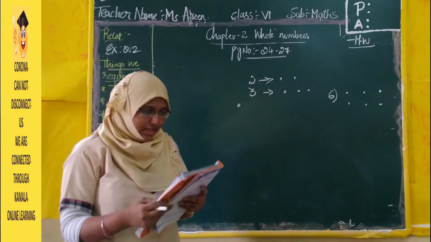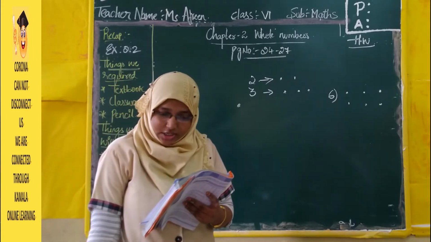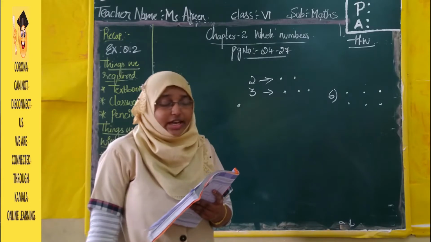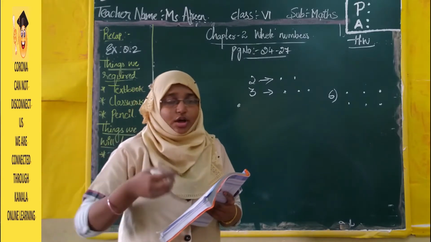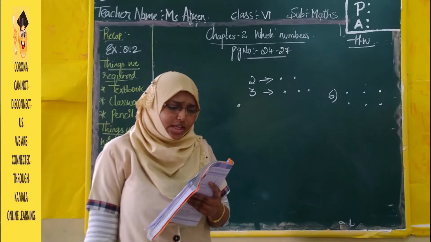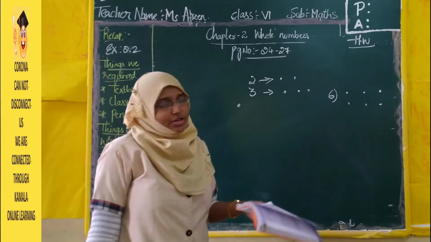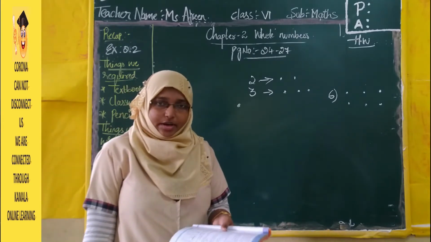On page 25 they have given: whole numbers can be shown in elementary shapes made of dots. Observe the following. Here I have given some examples of which number is formed in which type of shape. Every number can be arranged as a line, though if it is not able to form a shape, it can even form a line.